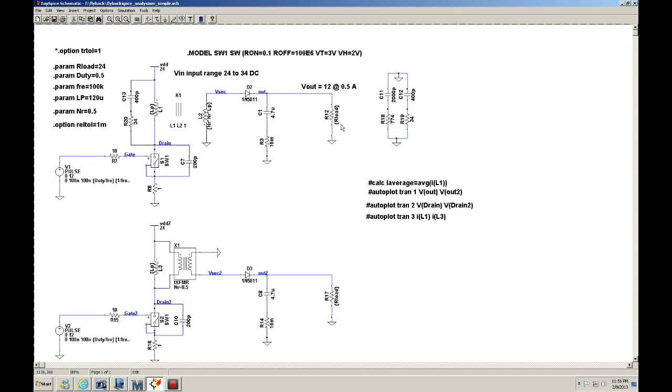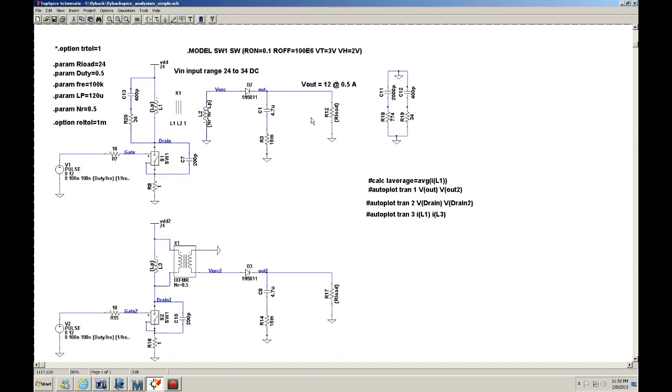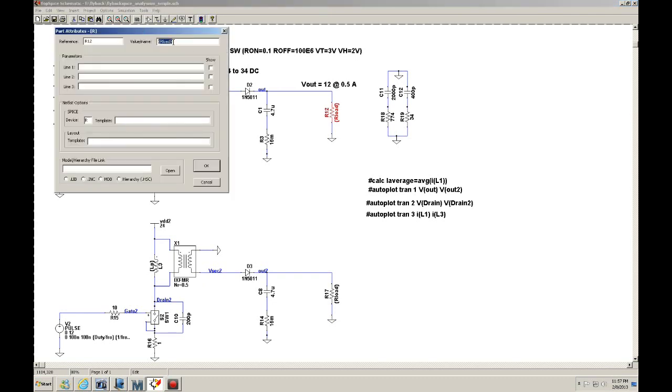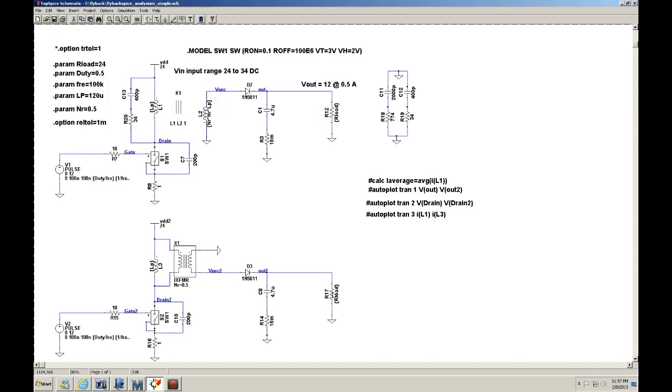Another thing that I did is I defined curly brackets for the load resistor. My load resistor is 24 ohms. What's neat about using the curly bracket is, if you notice, I have R load here, and I also have it right here. If I want to keep these two circuits identical and change the load to, let's say, 100 on both circuits, I would have to double click on this, change this to 100, and then do the same thing here.